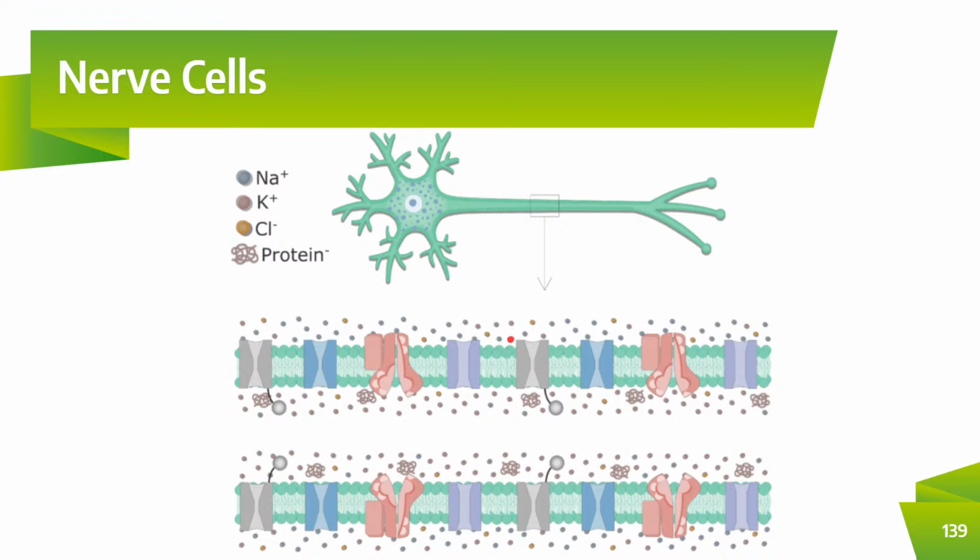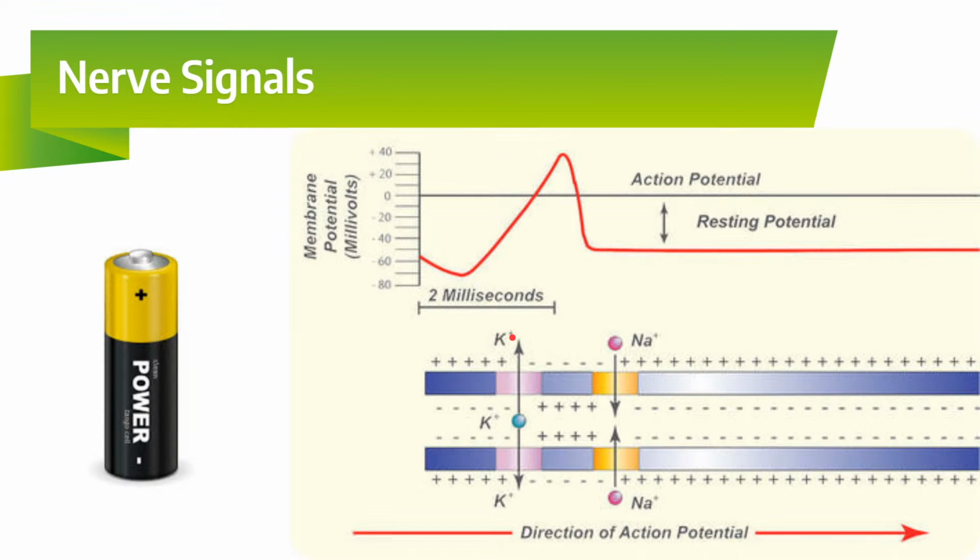So without further ado, let me give you a short conceptual look at how nerves work, right? So we all know that nerves transport signals. Signals, in this case, we think about as kind of electricity.